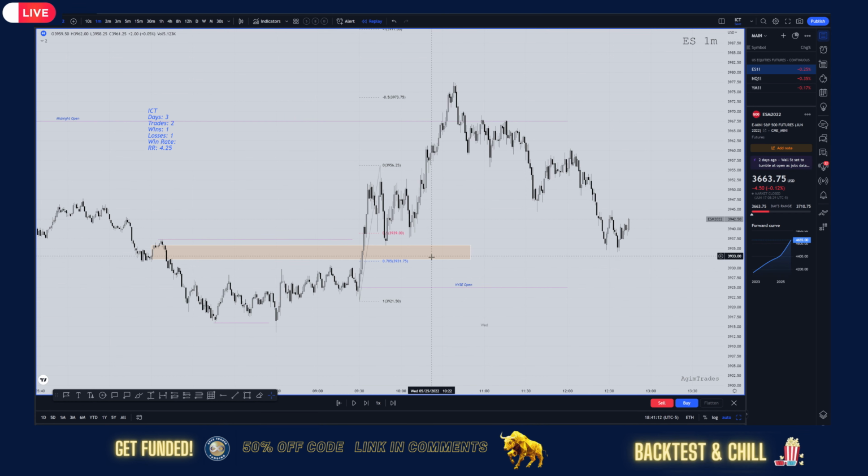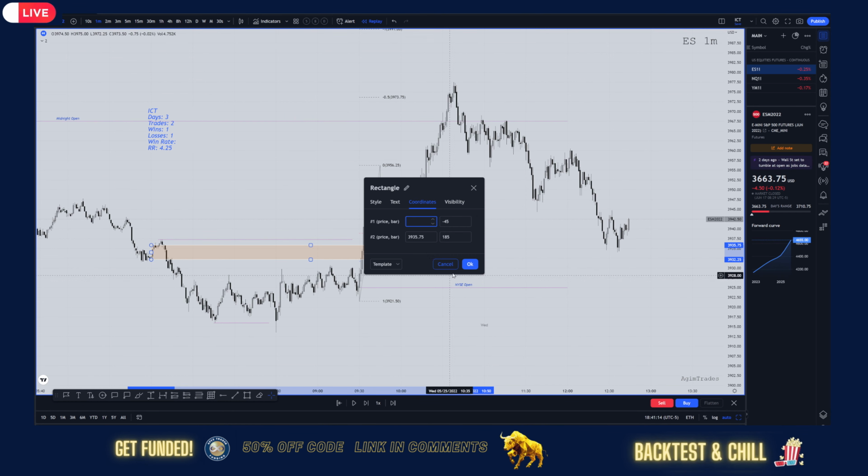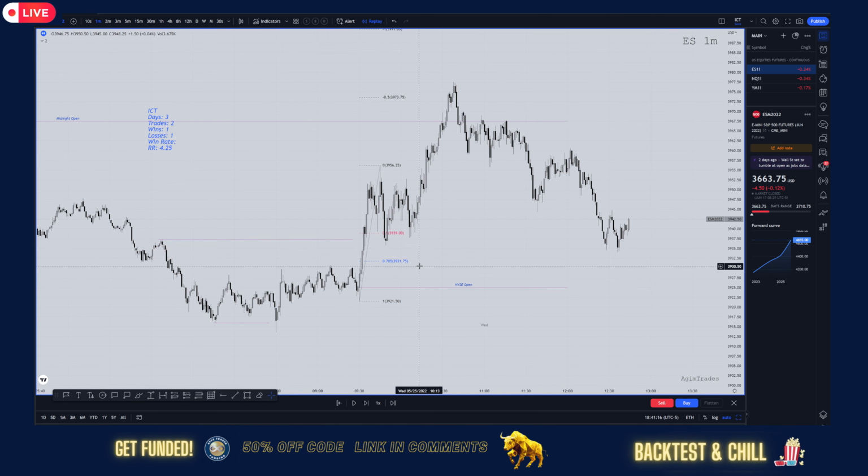As you can see, when price is below the open, it's in discount in this case, and when it's above the midnight open, it's kind of in premium and in a space where it might want to reverse.